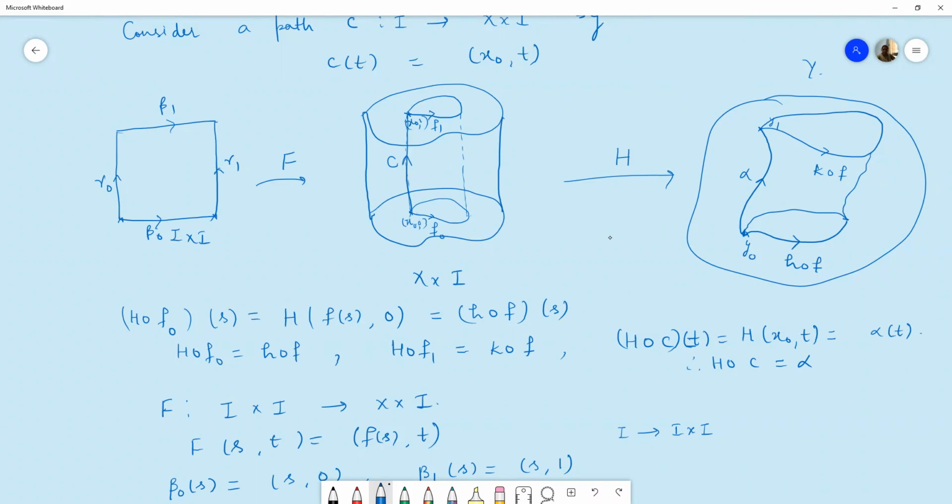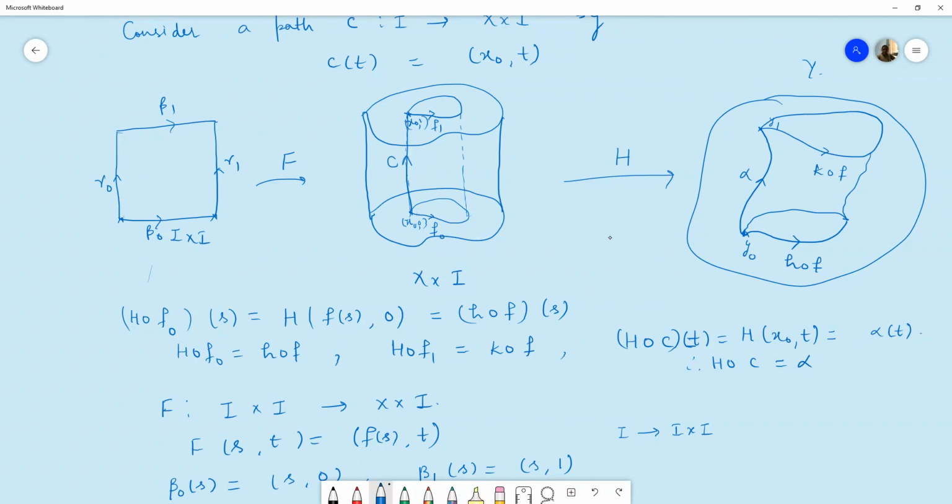Now these four, beta naught, gamma 1, beta 1 and gamma naught, are broken line paths. If we take the product of beta naught and gamma 1, this product is basically a path starting at point (0, 0) and ending at point (1, 1).